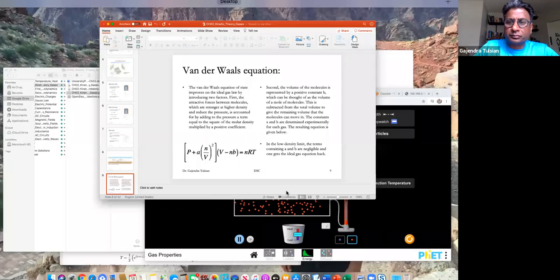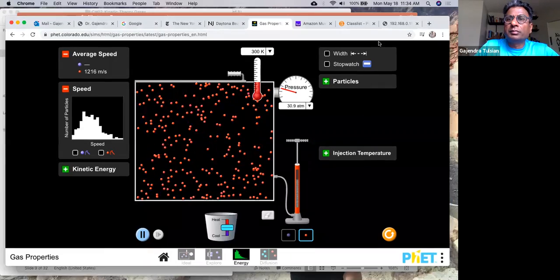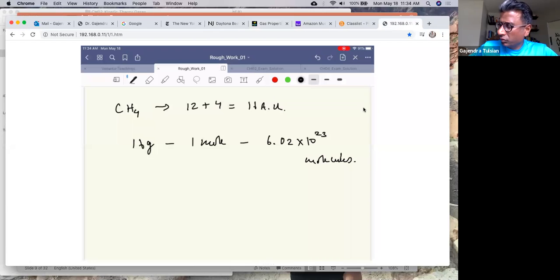The ideal gas law is PV equal to nRT. So here's how we correct for the fact that the gases have finite volumes. In this formula, volume is the space that the gas molecules have to run around in.